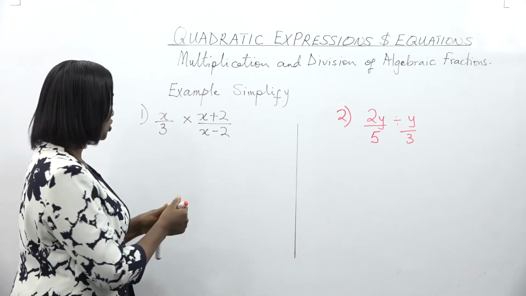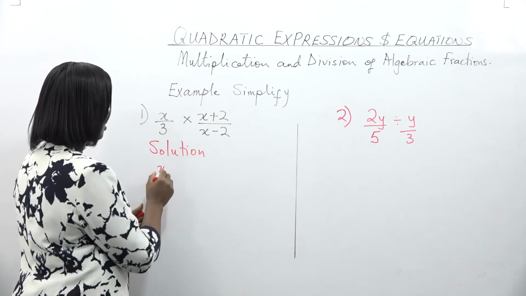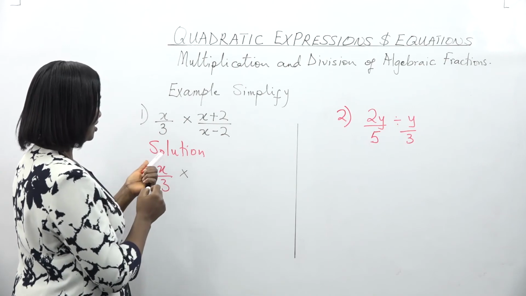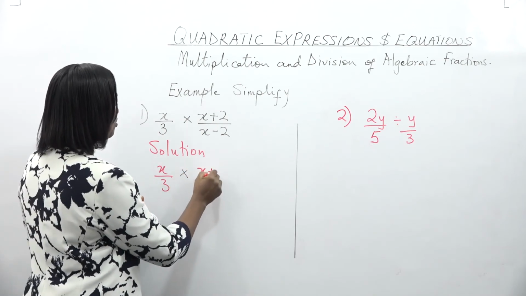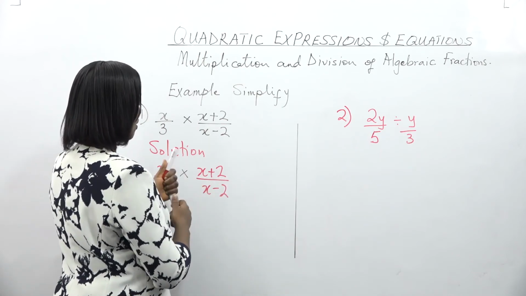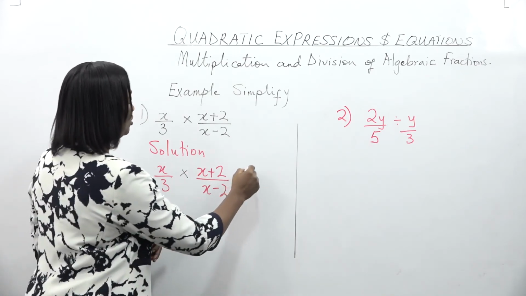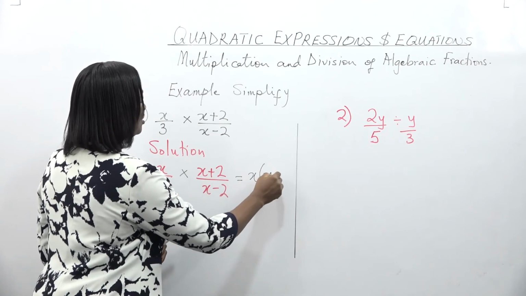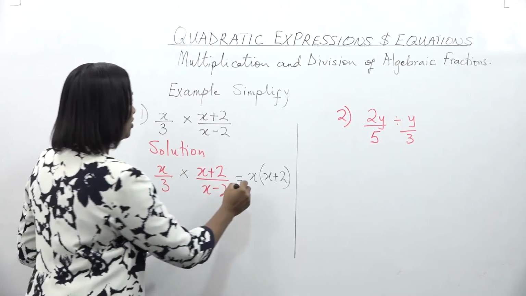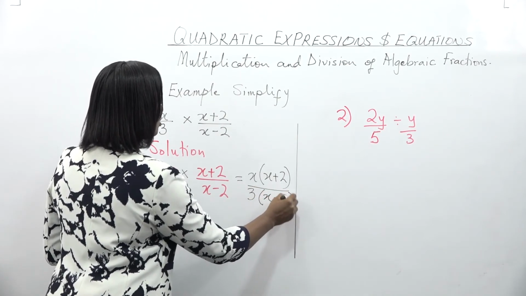So let's go. Solution. x over 3 times x plus 2 over x minus 2 becomes x into x plus 2, because we are simply multiplying x by x plus 2, over 3 into x minus 2.